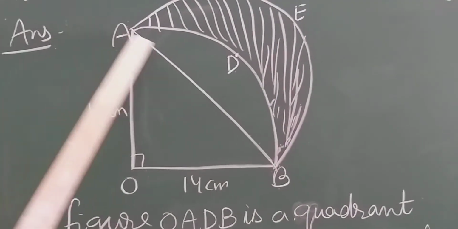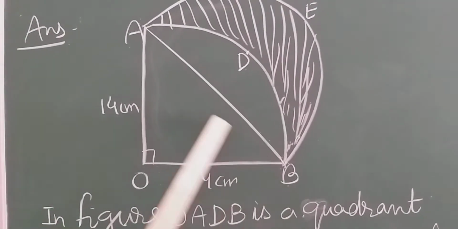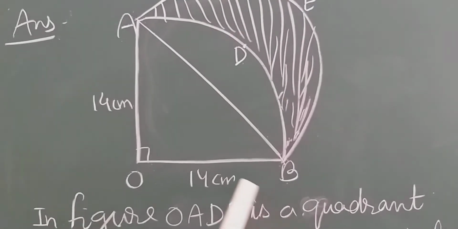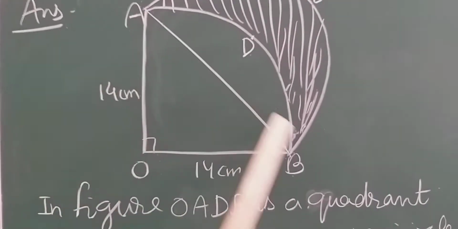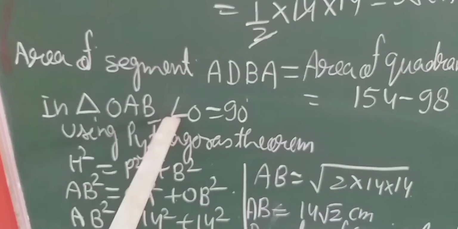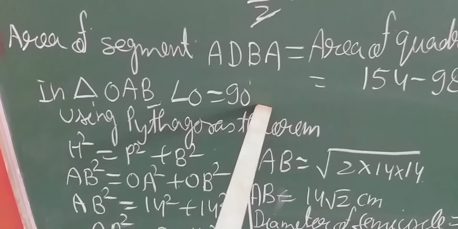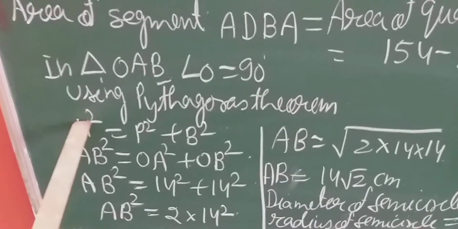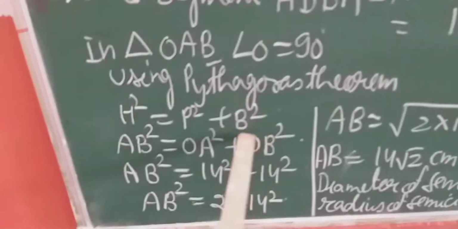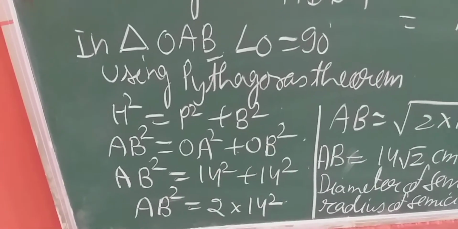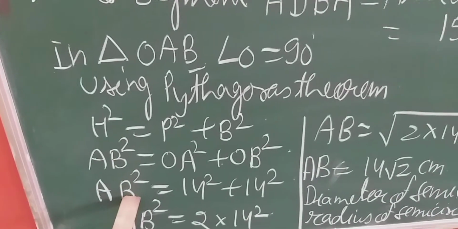So to calculate the hypotenuse, we use Pythagoras theorem in triangle AOB, where angle O equals 90 degree. H square equals P square plus B square, so AB square equals OA square plus OB square. AB we have to calculate.